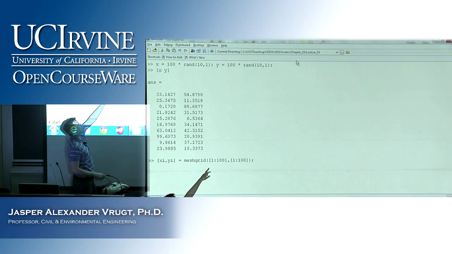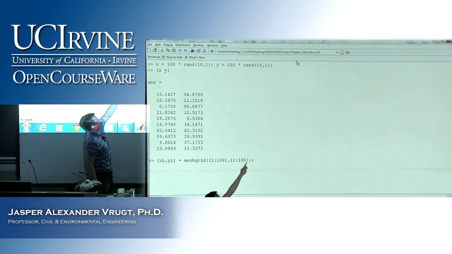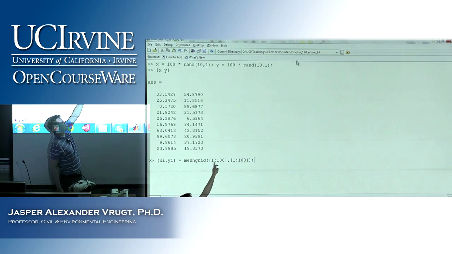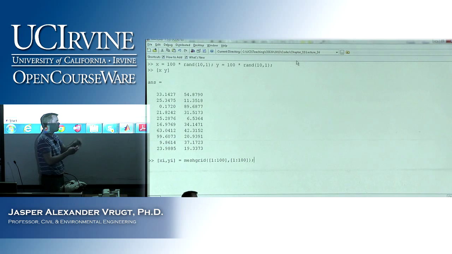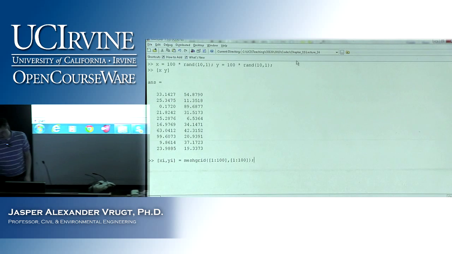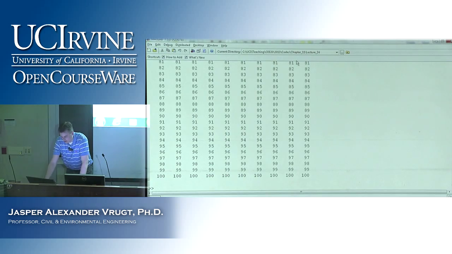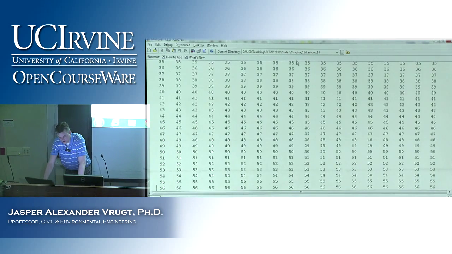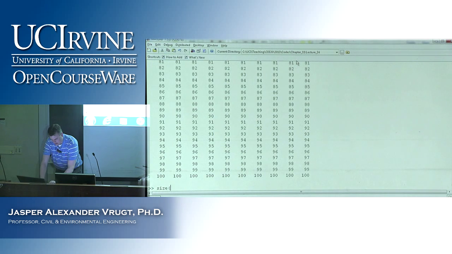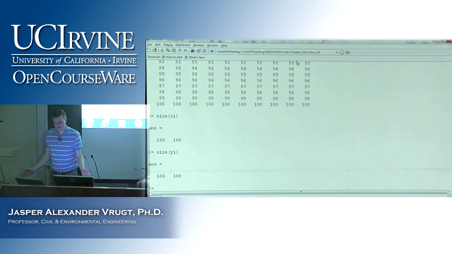I say I have X values from 1 through 100, and Y values from 1 to 100. If I don't specify the step size, the step size is 1. So X is going to be 1, 2, 3, 4, 5, etc., and Y is going to be the same. This gives me Xi and Yi. This is how Xi looks, and this is how Yi looks. They are matrices of size 100 by 100.